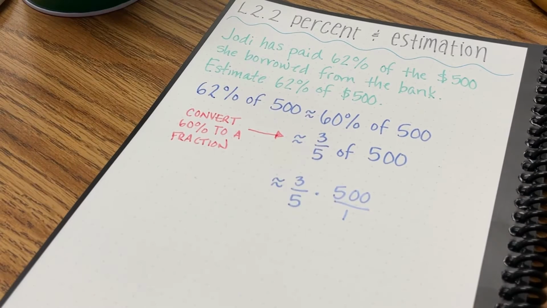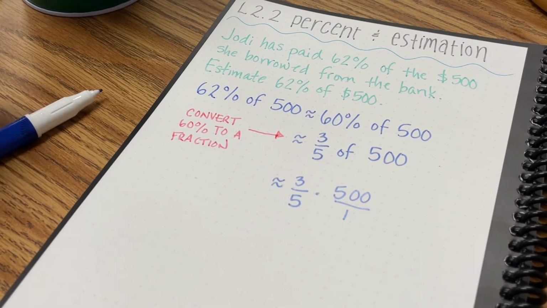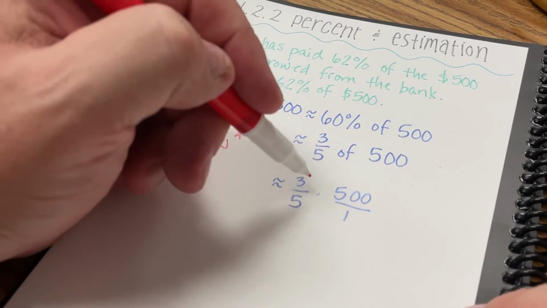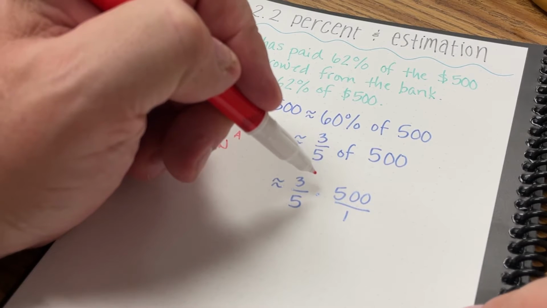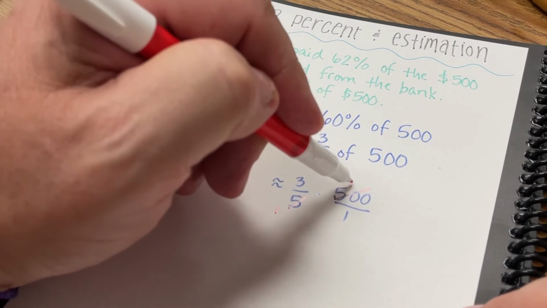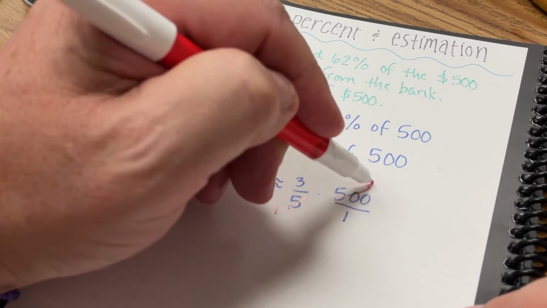And I'm going to write 500 as 500 over 1. I can go ahead and do some cross simplifying by dividing 5 by 5 and 500 by 5.